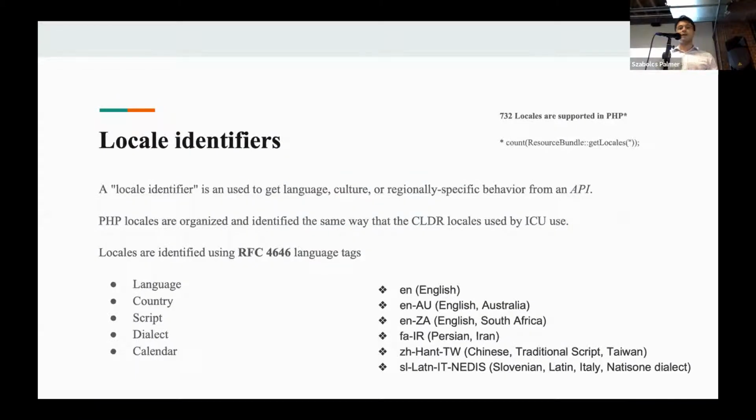Locale identifiers are a key aspect of localization. They are standardized in RFC 4646. With a locale identifier, you tell your application exactly how it should transform each data presentation.